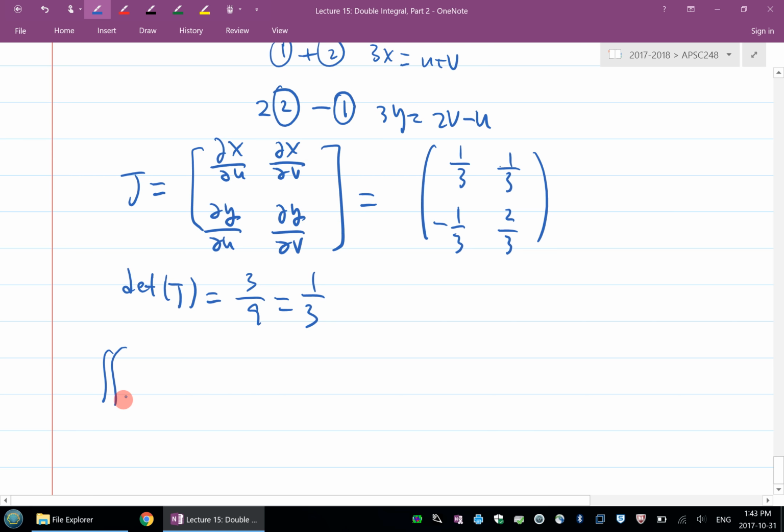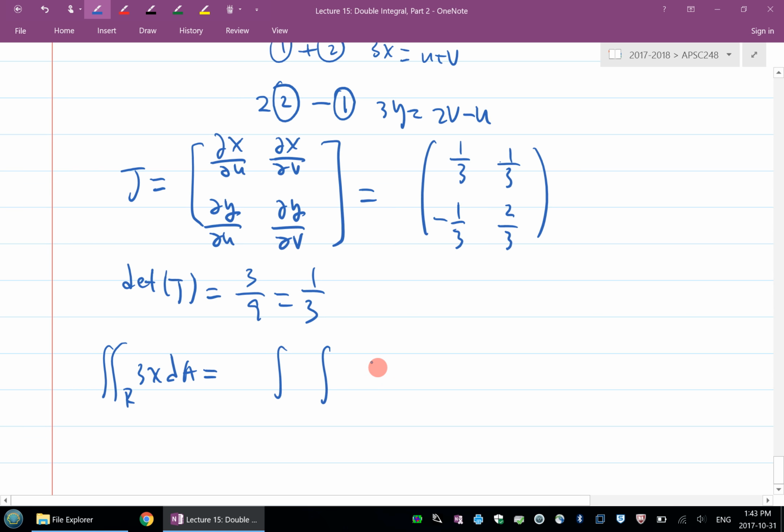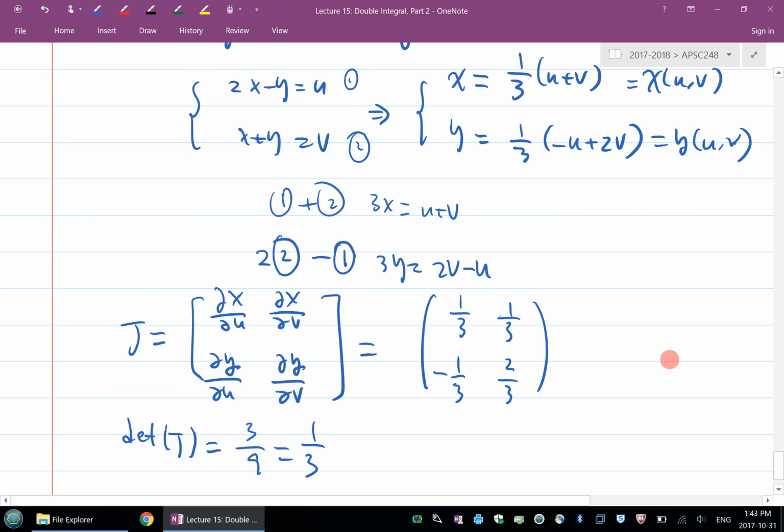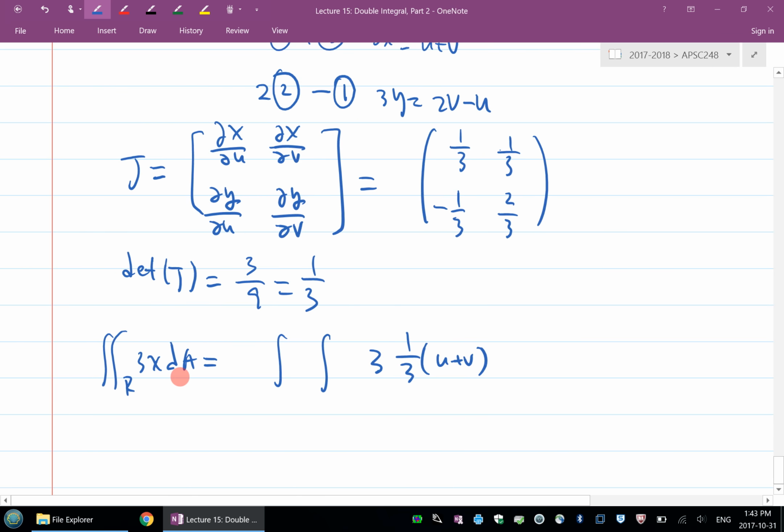So your original double integral will be rewritten. The x, you replaced x with 1/3 u plus v, because that's what x is. And your dA will become du dv with 1/3 from this determinant over here.